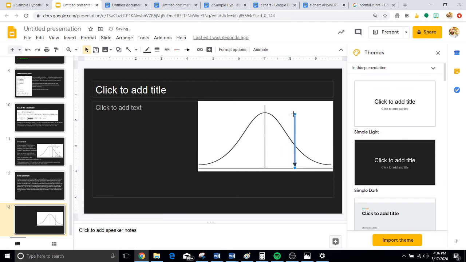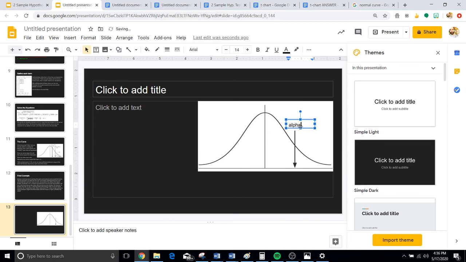So let's put it right around here. Actually, let's label this one first. So we'll call this one our alpha z-score. We said the alpha z-score is 1.645.